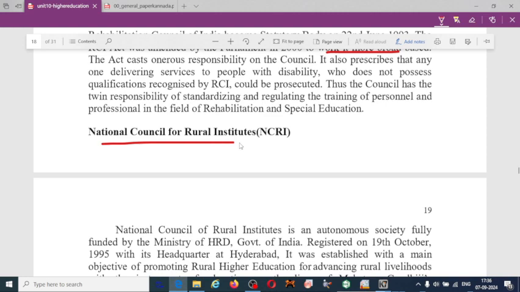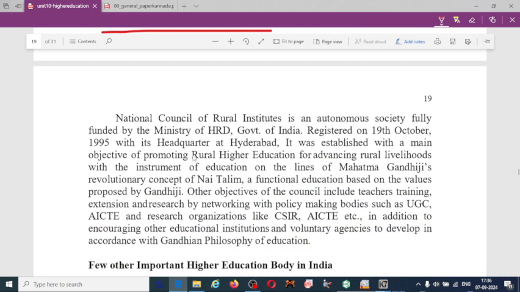National Council for Rural Institutes, established in 1995, headquarters is in Hyderabad. Main objective is promoting rural higher education for advancing rural livelihoods with instruments of education on the lines of Mahatma Gandhi.